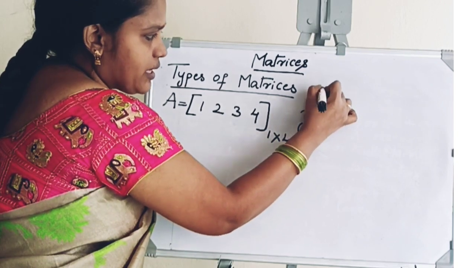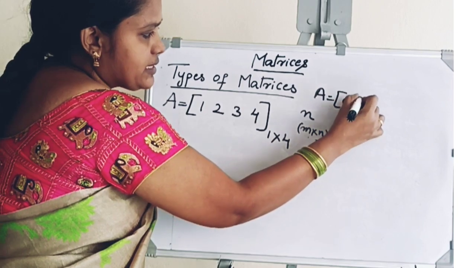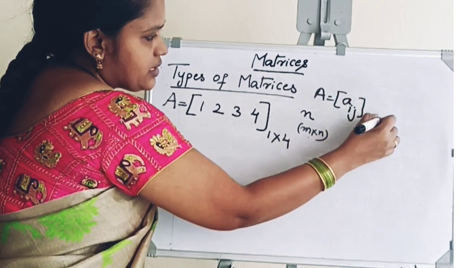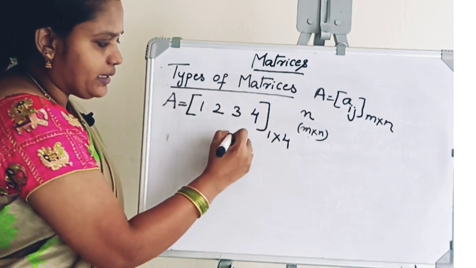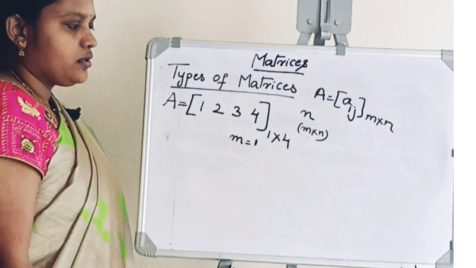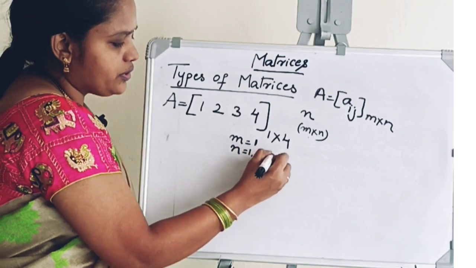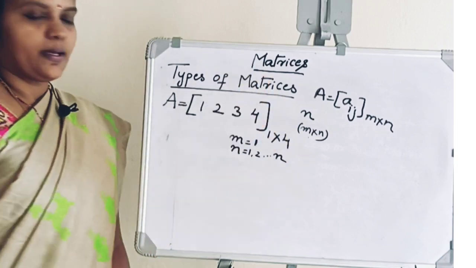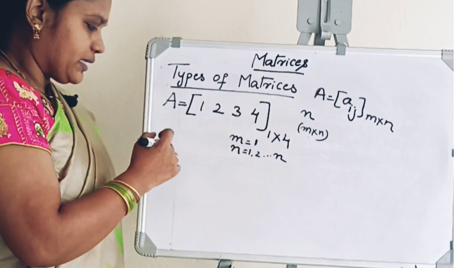Right? Because matrix is always represented in this form, right? So for a row matrix, m is always equal to 1. Right? n, it may be 1, 2, right? This we call it as row matrix.